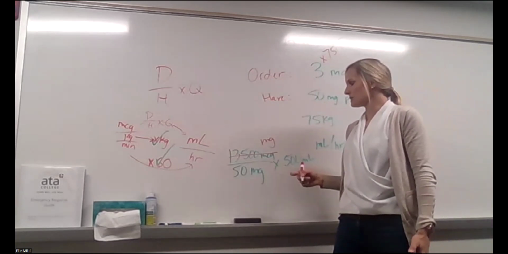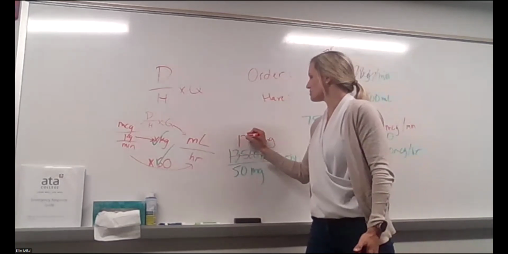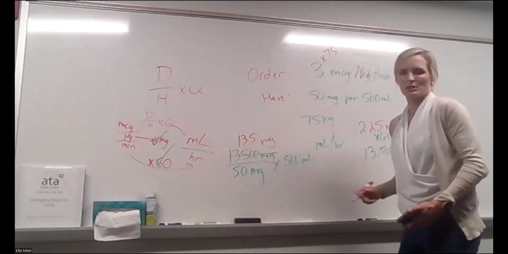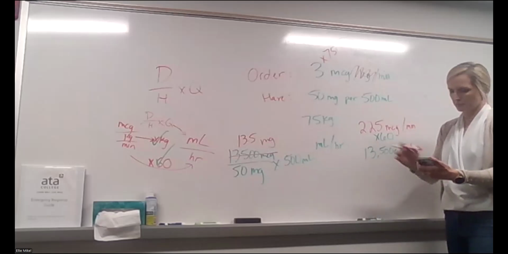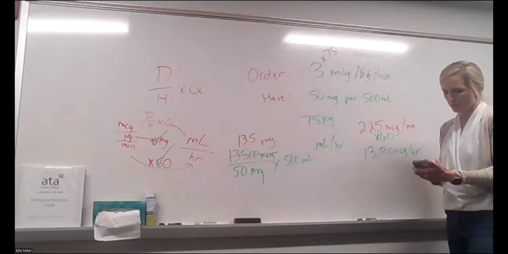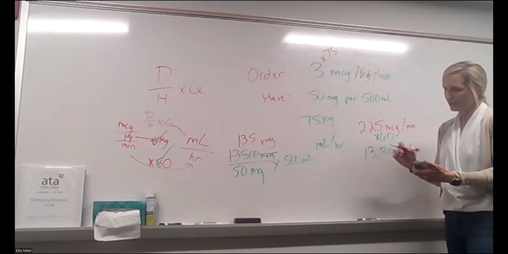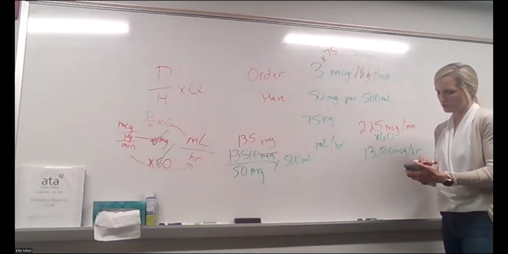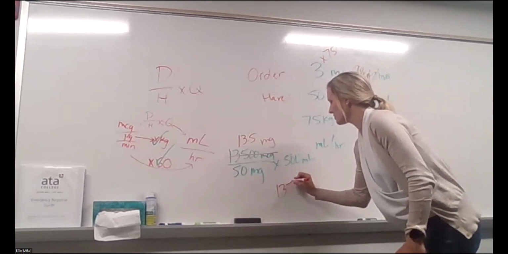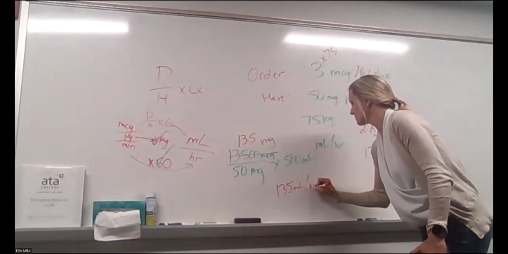So either way, 13,500 micrograms is 13.5 milligrams. So to get my answer, I would plug this into the dosage calculation formula: 13.5 divided by 50, and then take that times 500. This patient needs 135 milliliters per hour.